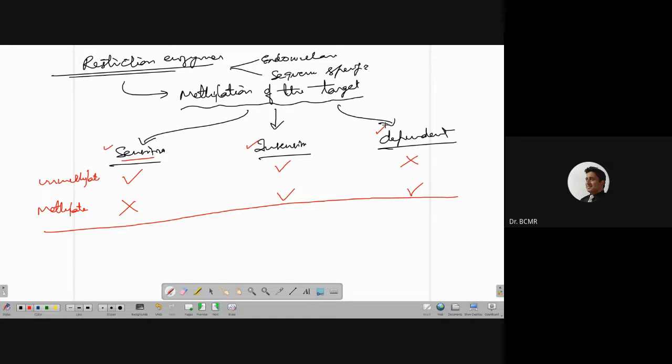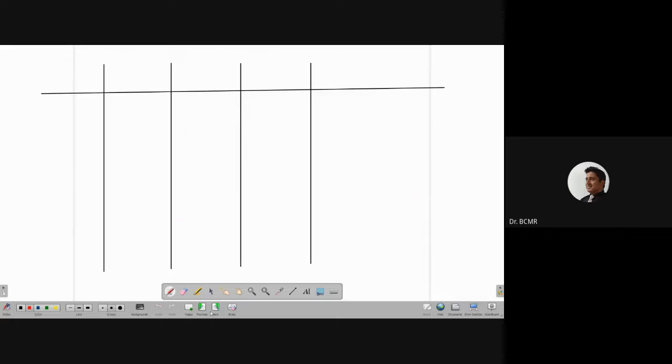I'm not going to discuss specific examples of restriction endonucleases and other things. But what we want is to be able to solve problems, the capacity to solve that. So we will do a small exercise and let's see how we go ahead with that.